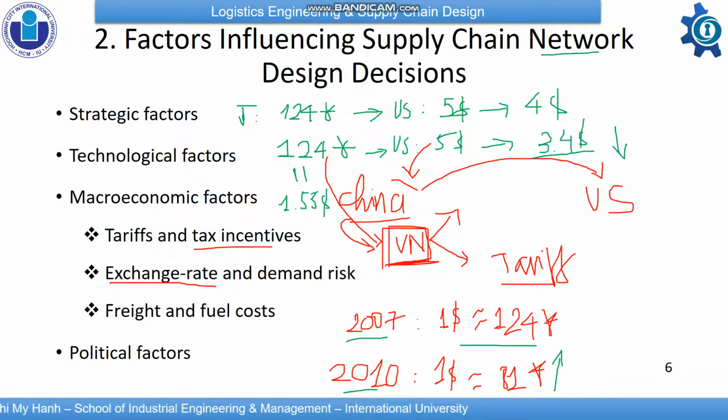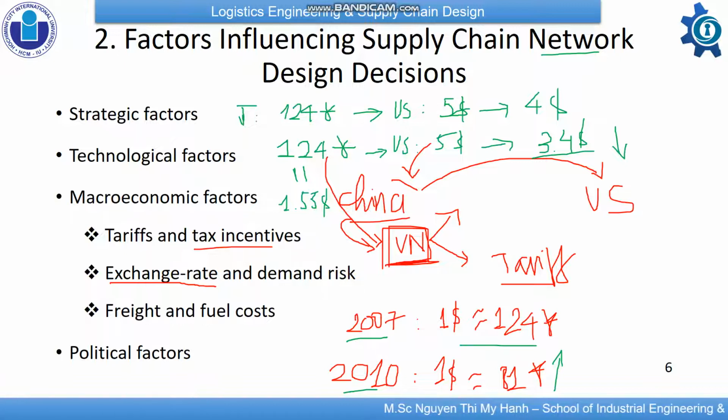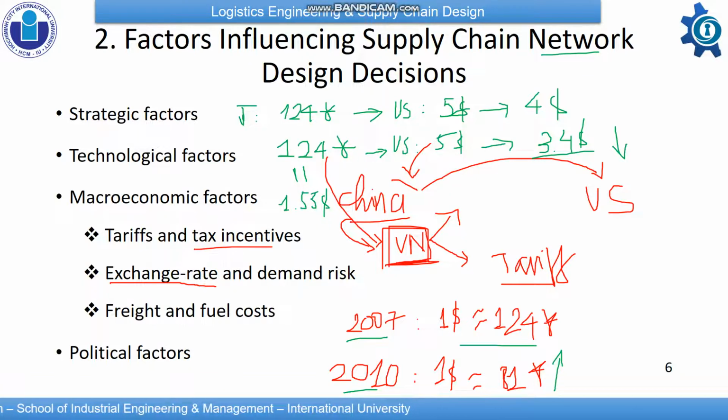And also the companies have to consider the fluctuation in demand caused by the change in the economy of different countries. For example, in 2009, the economies of the United States and Western Europe shrank.